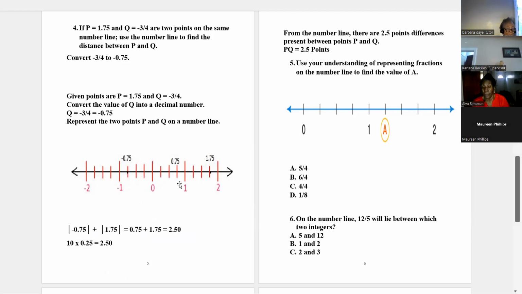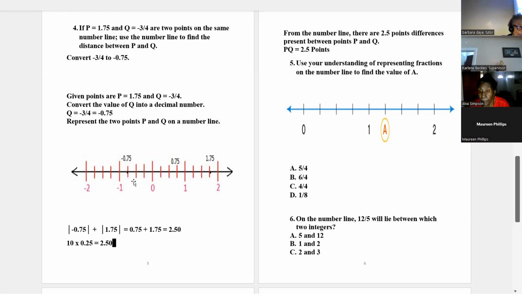So you could do it two ways. You could add the absolute value of the 2 points, or you could count the number of places you moved and multiply it by 0.25. Because each one of these represents 1/4, 0.25, right?